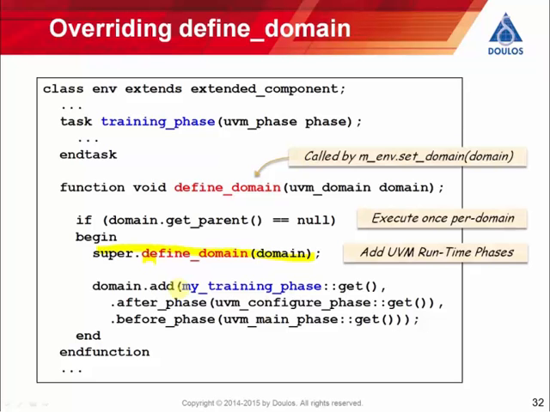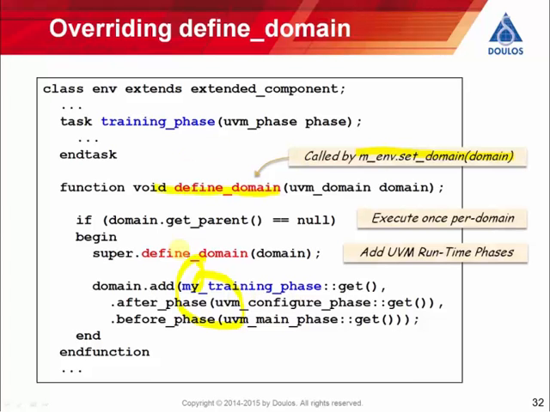The second thing that we've got to be really careful about, the second pitfall, is that when you call defineDomain, it in general is going to be inserting brand new phases into a schedule. If you add multiple components to the same domain, each of those components is going to have their setDomain method called. setDomain will call defineDomain, and if each defineDomain method just goes ahead and inserts extra phases into the schedule, that schedule will simply keep growing.